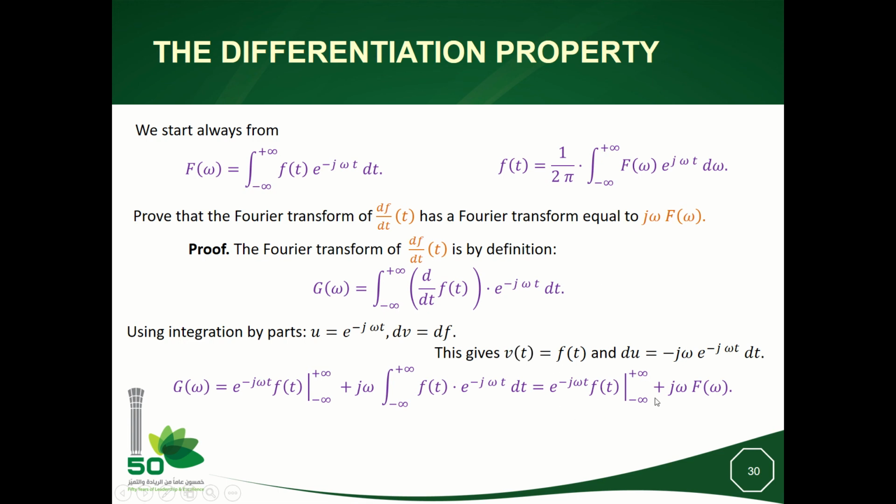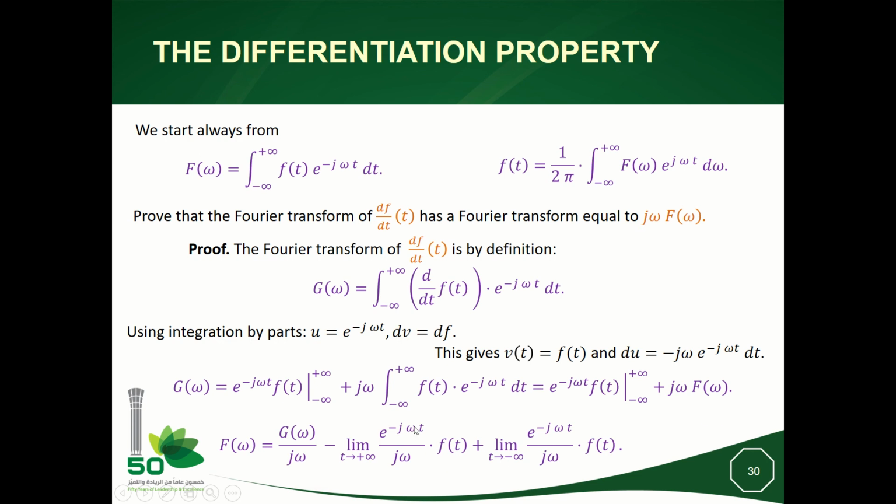Now, this value is equal to 0, but this value divided by j omega is not always equal to 0 when we take the limits at plus infinity and minus infinity. So now, if I would like to recover the Fourier transform of f(t), noted F of omega, I have G of omega divided by j omega minus these limits, which is split into two terms, the limit at plus infinity and the limit at minus infinity.